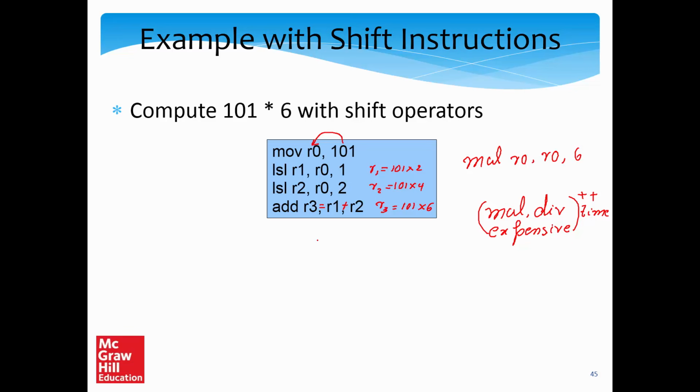So shift instructions are ultra fast. So that's the reason it is a good idea to use shift instructions in the place of expensive multiplication and division instructions wherever it is possible.